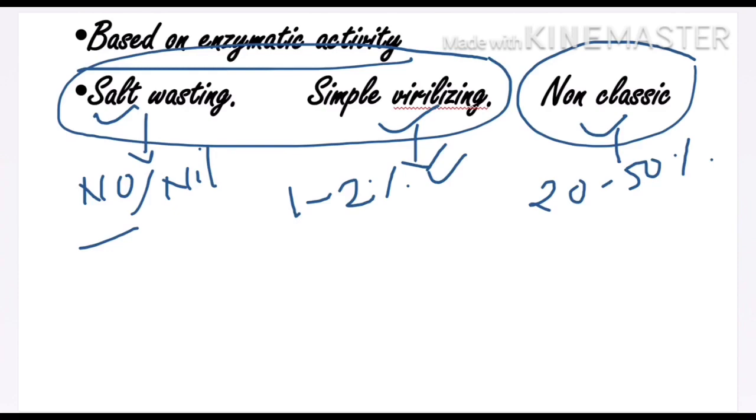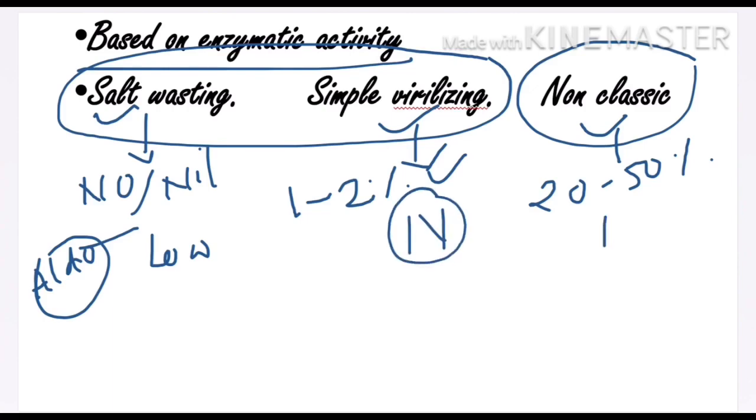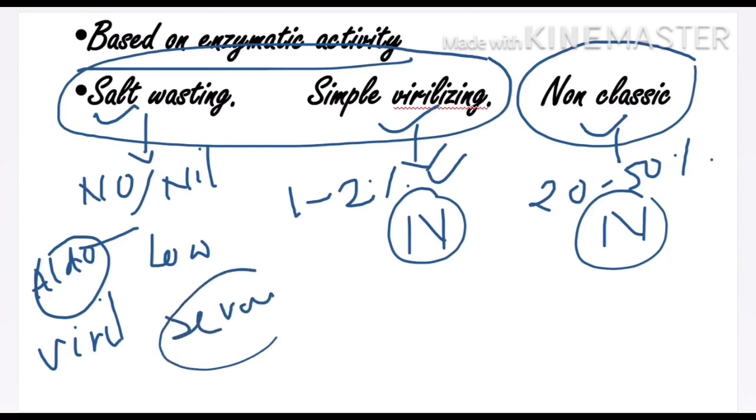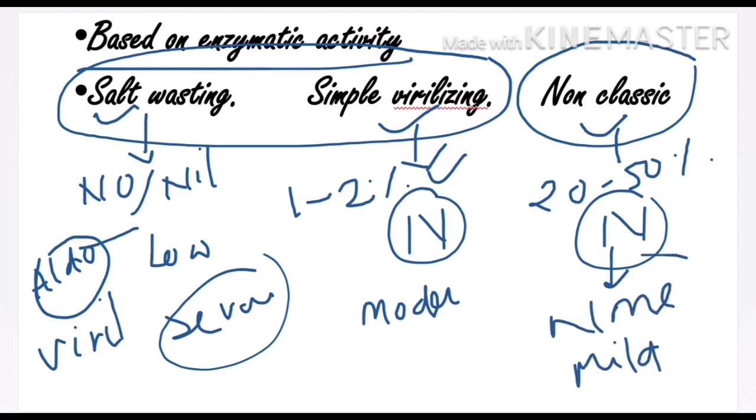If we look at aldosterone synthesis, here it is low, here it is normal, and here it is also normal. If we look at virilization, in the salt wasting form there is severe virilization, in the simple virilizing form it is moderate to severe, and in the non-classic form none to mild virilization.